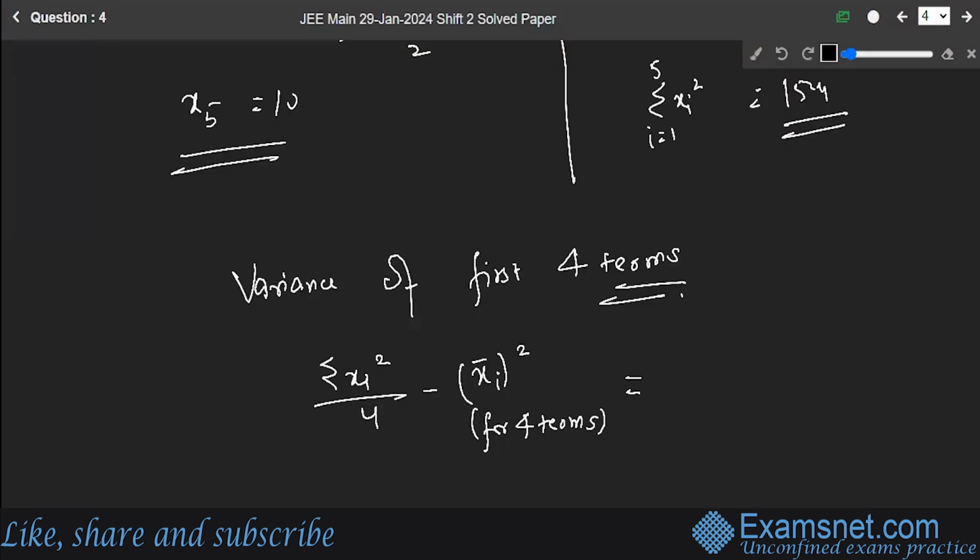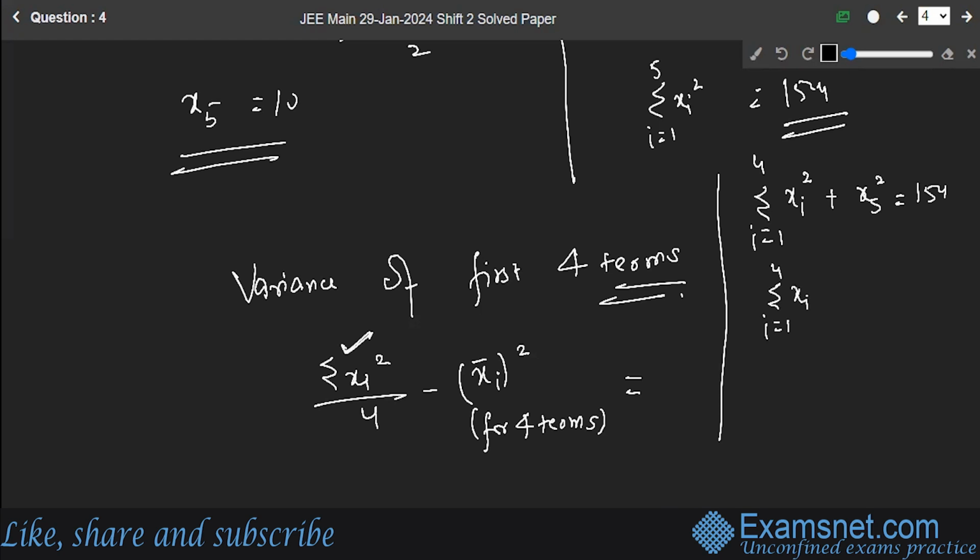I need to have this thing for the first 4 terms. Let's solve it from here. Summation i is equal to 1 to 4 xi square plus x5 square is equal to 154. So summation i is equal to 1 to 4 xi power 2 plus this is 10 square, so this is equal to 100. 154 minus 100 is equal to 54.